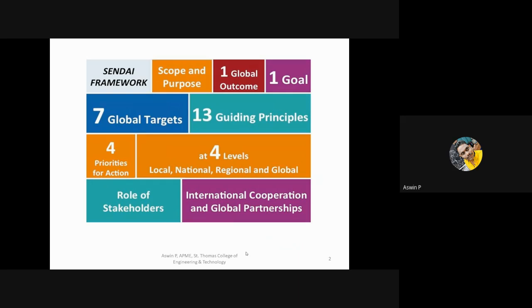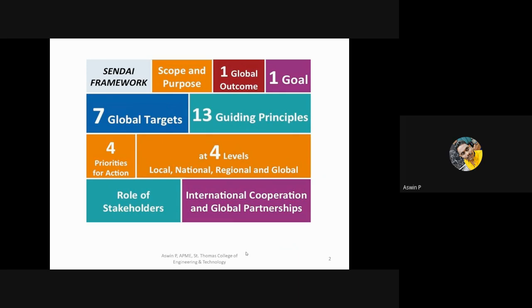What is the Sendai Framework? In the Sendai Framework, the basic concepts include the scope and purpose, as we have already mentioned, one global outcome, one goal, seven global targets, 13 guiding principles, four priorities for action, and four levels that is local, national, regional, and global.